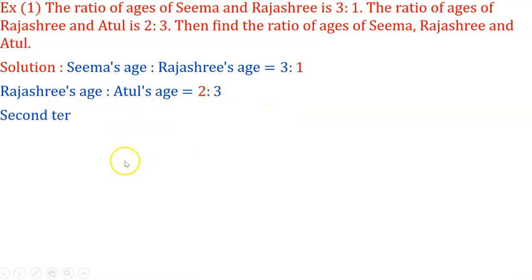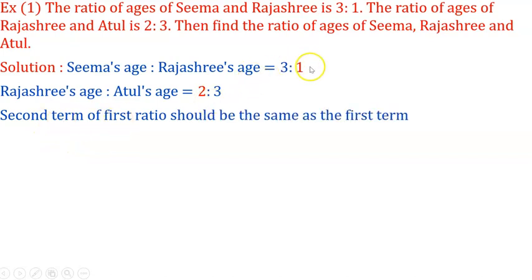Okay, now see this here. The second term of the first ratio is 1, and the first term of the second ratio is 2. These two numbers must be same. The second term of the first ratio should be same as the first term of the second ratio.